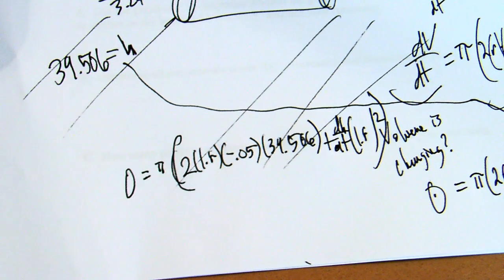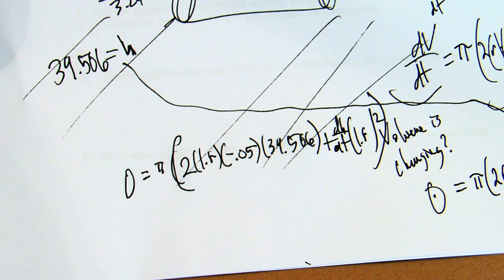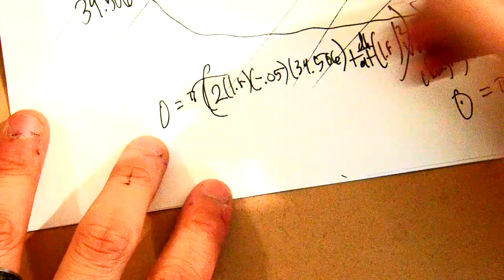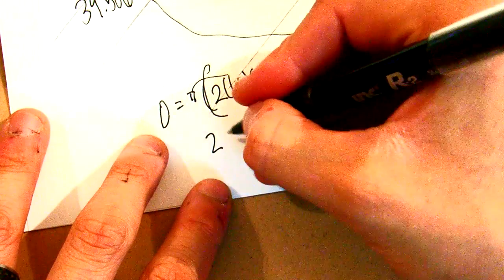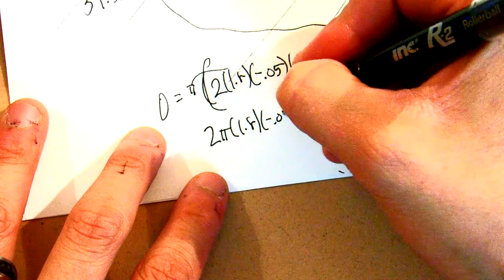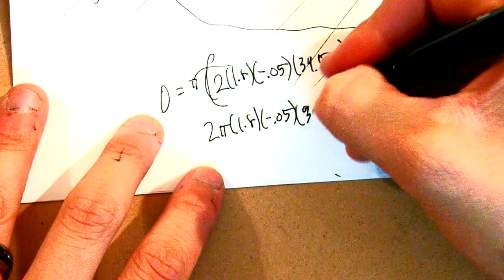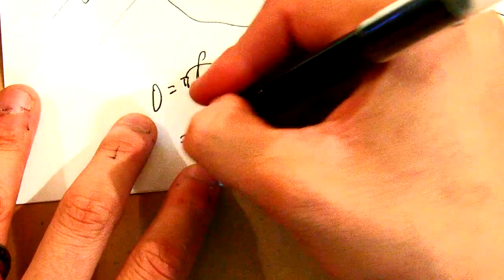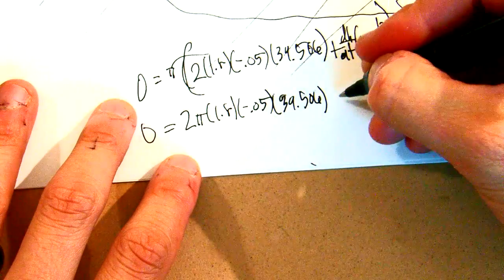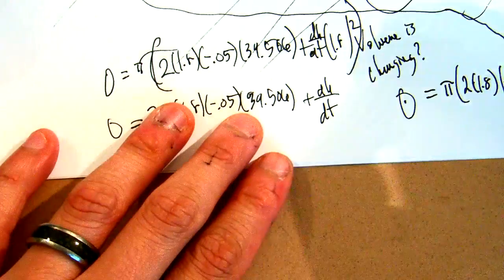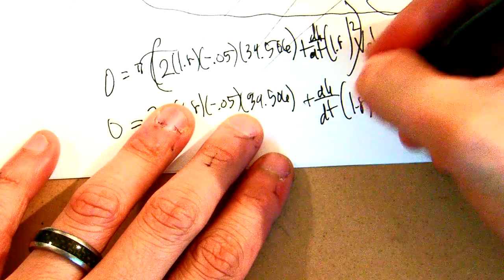And oh, this is a monster, huh? It's kind of annoying. I'm gonna distribute pi, so it's 2 pi times 1.8 times negative 0.05 times 39.506. This is equal to 0 plus dh dt times 1.8 squared.